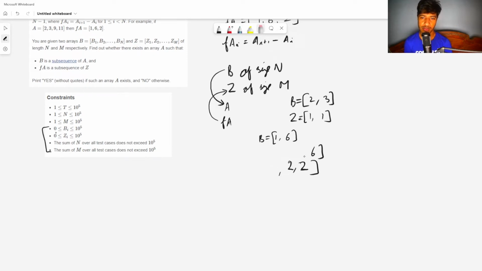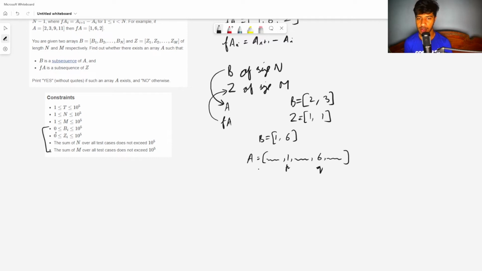Let me just write it for a general array so that it makes more sense. So A will be equal to some elements, 1, some elements, 6, then some elements, and it will end. Okay. So assume 1 occurs at index P and 6 occurs at index Q.